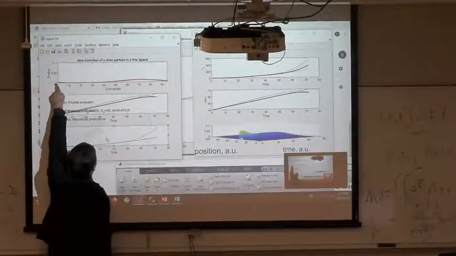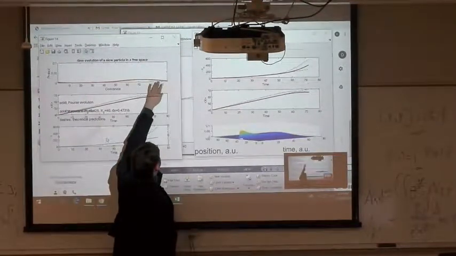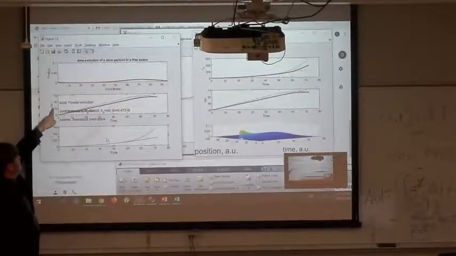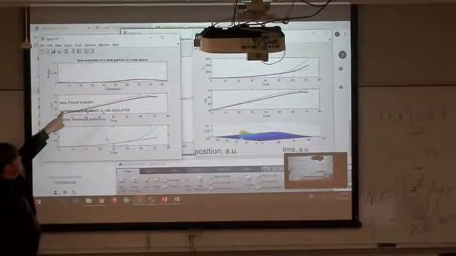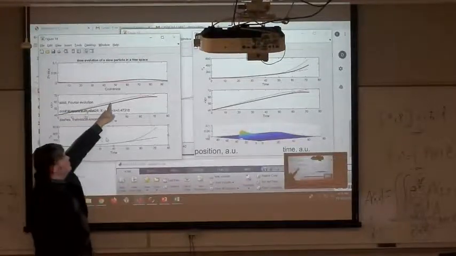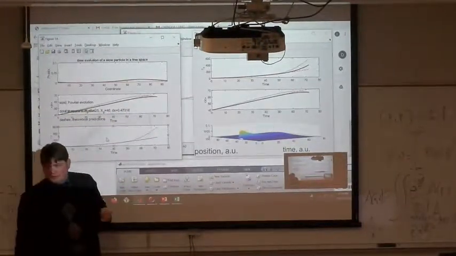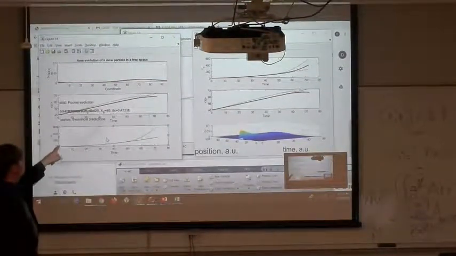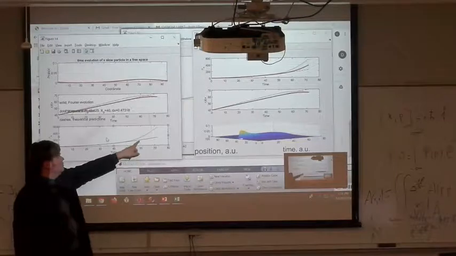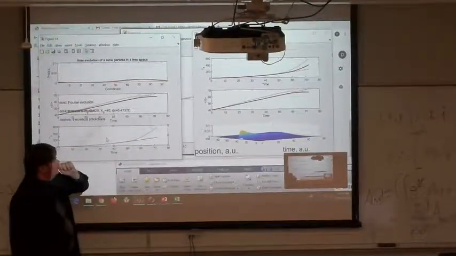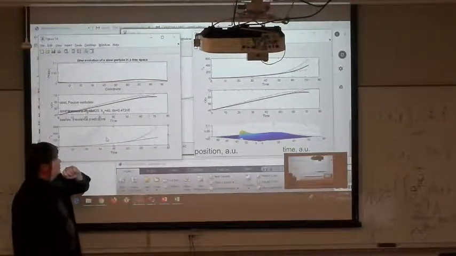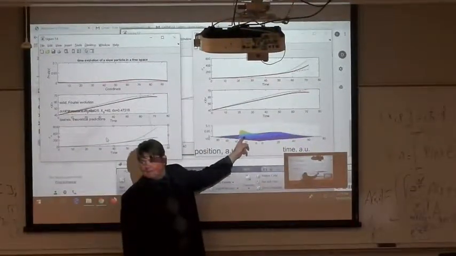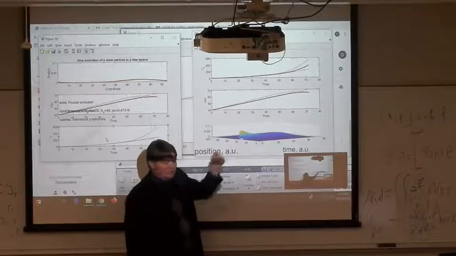So it shows a slice of the probability distribution at the last time, the expectation value of position, which is expected to grow linearly. And there are 3 lines because there are 3 different methods. And the uncertainty. And the last thing is this 3-dimensional representation of a movie.